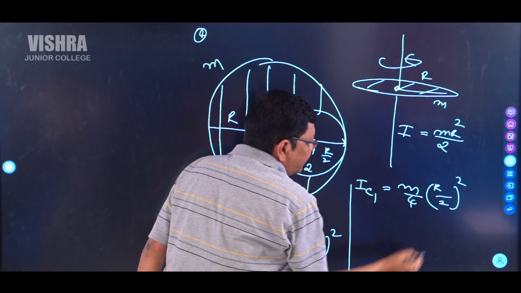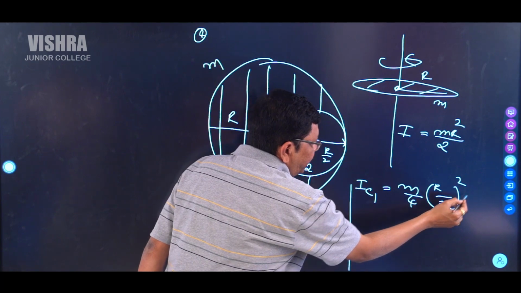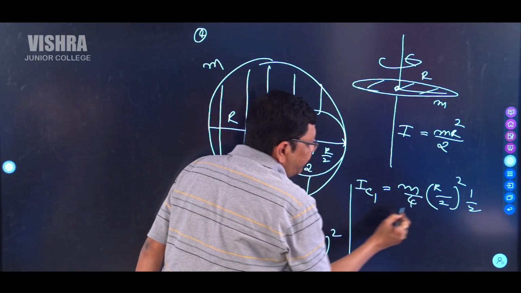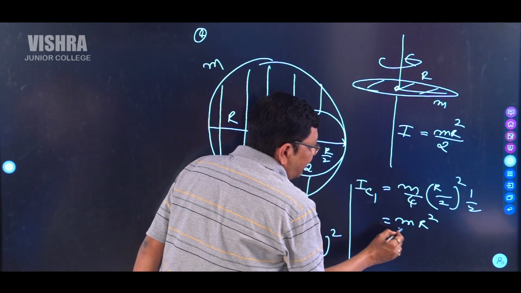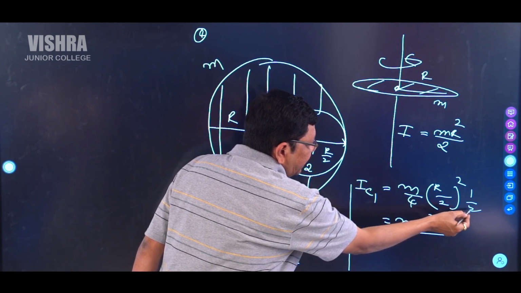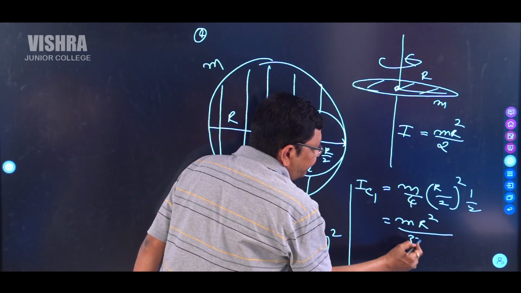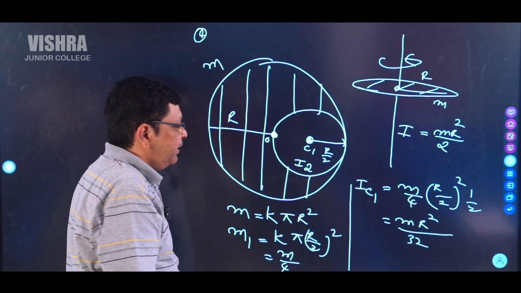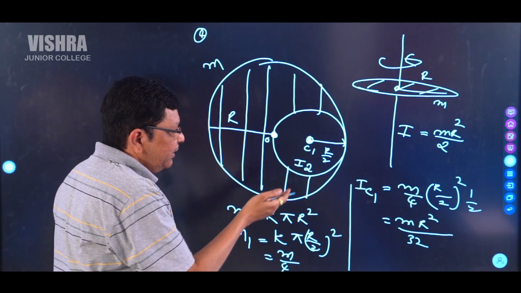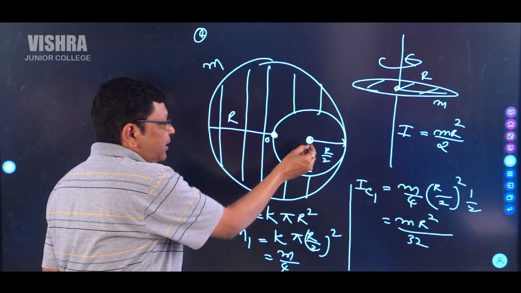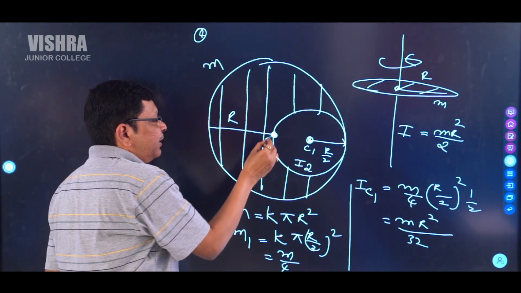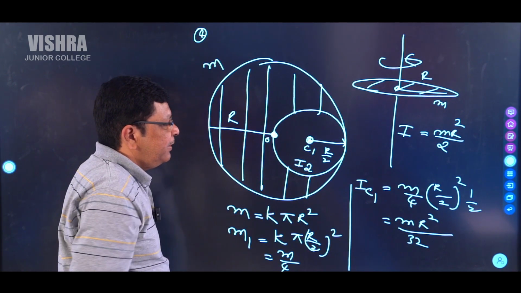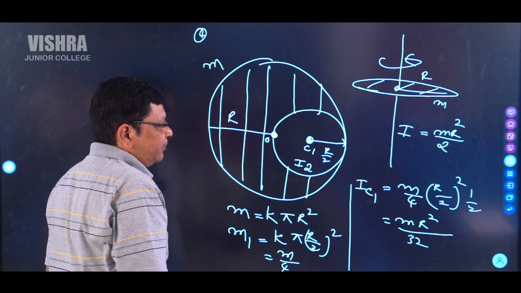This is MR square upon 2, so multiplied by 1 by 2, multiplied by 1 by 4, we can write MR square upon 4 times 8, 4 times 8 is 32. So MR square by 32 is the moment of inertia about C1 only. We have to shift this towards O. So for that I use the parallel axis theorem, and let me check that.